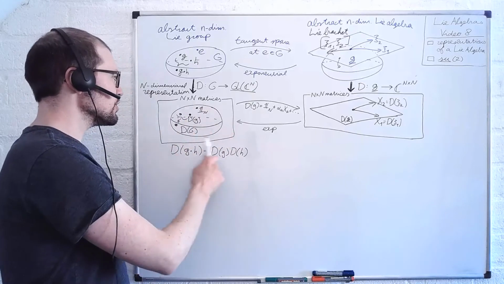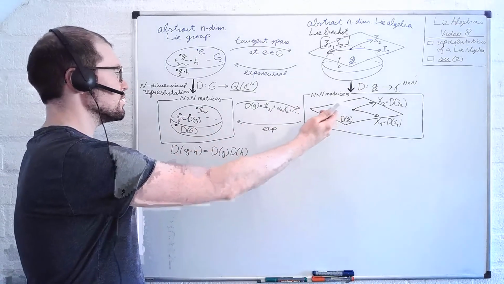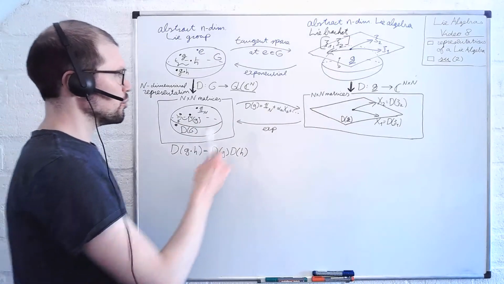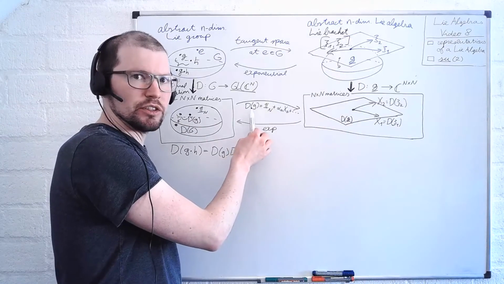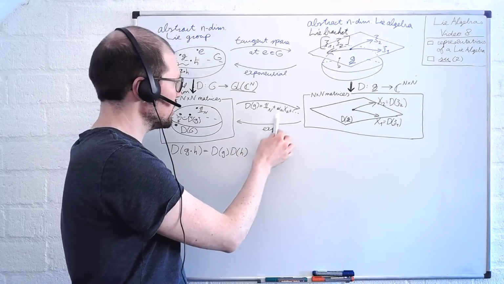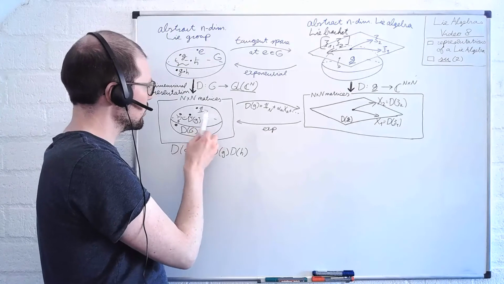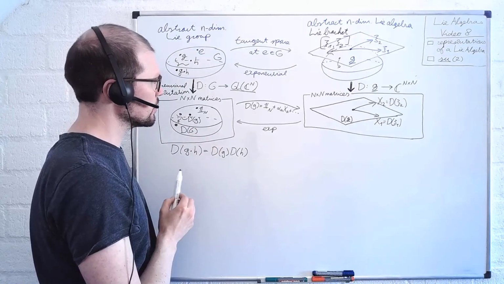Now, given such matrices, we can really make sense of what this tangent space at the identity is by just taking, say, the derivatives of these matrices with respect to my parameterization of the Lie group.